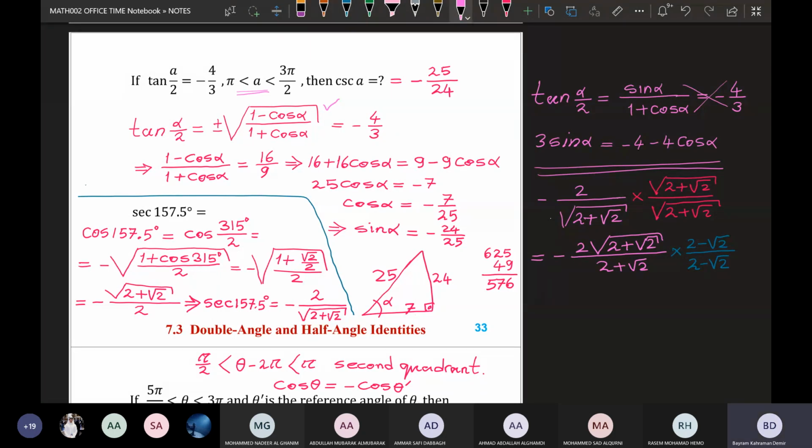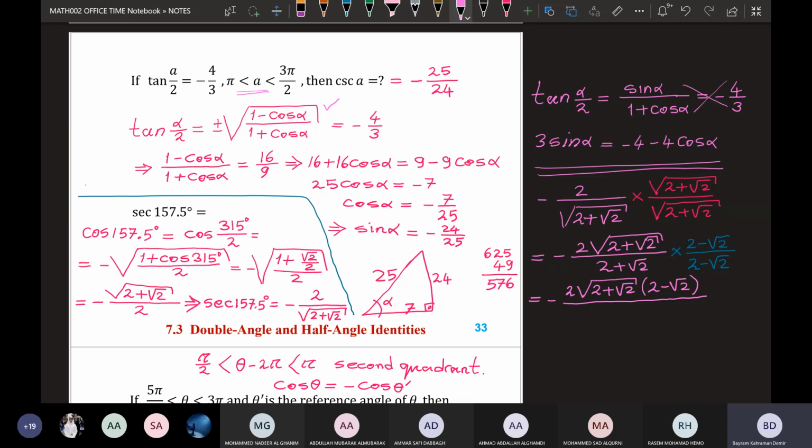All right, which is equal to, Shabab, negative 2 times root 2 plus root 2 multiplied by 2 minus root 2 divided by 2 plus root 2, 2 minus root 2.